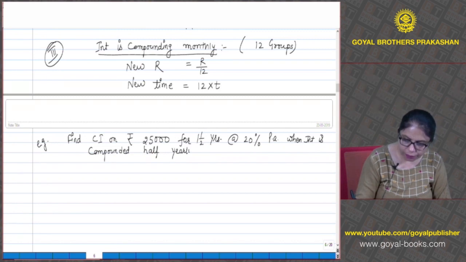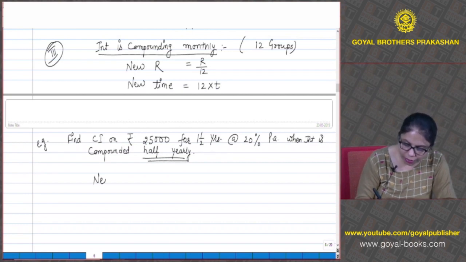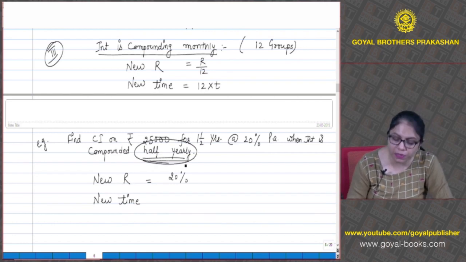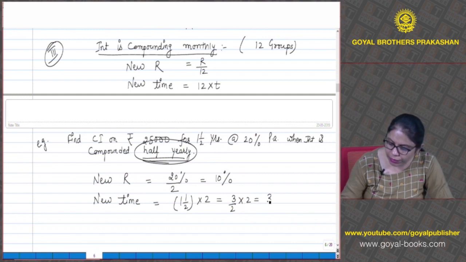In this case, interest is compounded half yearly, so you have to find the new rate and new time. Our given rate is 20%, and in case of half yearly, which means semi-annually, we divide the given rate by 2 and multiply the given time by 2. So we will get time as 3.